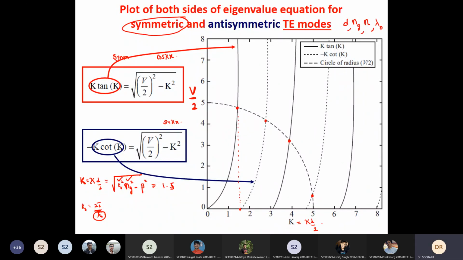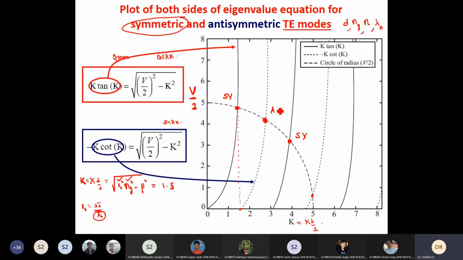So for the symmetric modes, if you want to find the propagation constant, you will have to look for the intersection point between the circle and the tan K curve, which is the solid line. So symmetric modes correspond to, this is symmetric, this is symmetric, this is also symmetric, and this is an anti-symmetric mode.